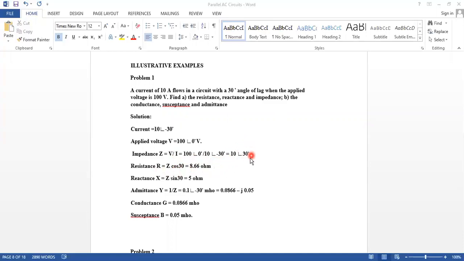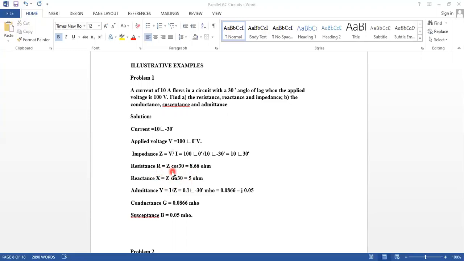Now the same thing you convert into rectangular. So you get the real part and the imaginary part. The real part is nothing but the resistance, and the imaginary part is the reactance. Or else manually you can find out by using the formula Z cos phi and Z sin phi.